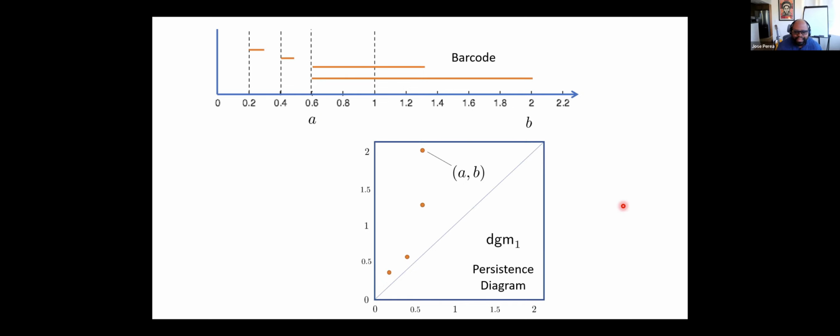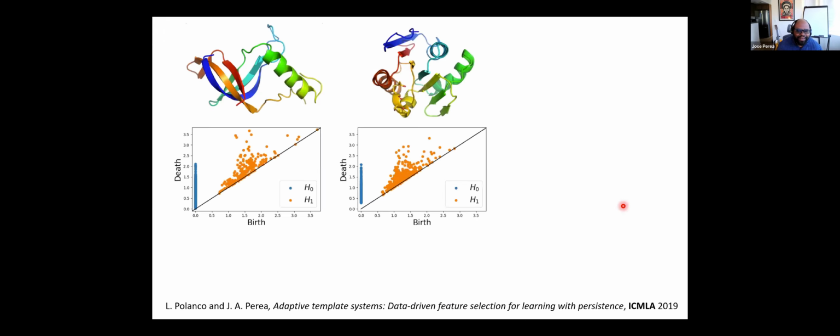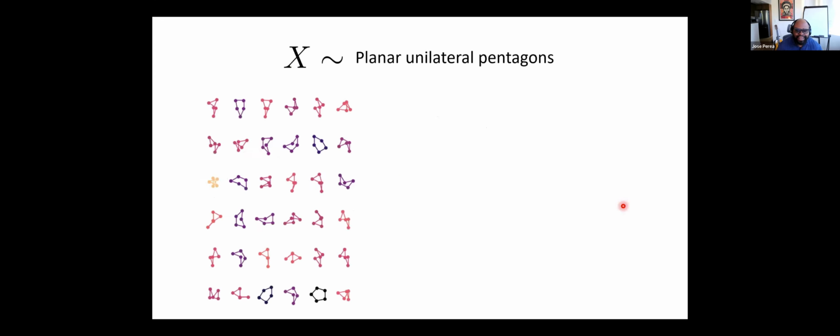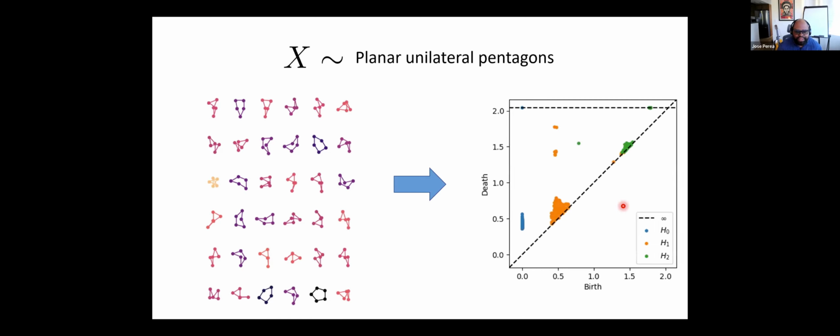I was tempted to tell you about another example, but I'm going to resist the temptation so that we have enough time to discuss the mathematics. So going back to the example of planar pentagons, here is what the persistence looks like. Okay, so you have 8 dots in dimension 1.